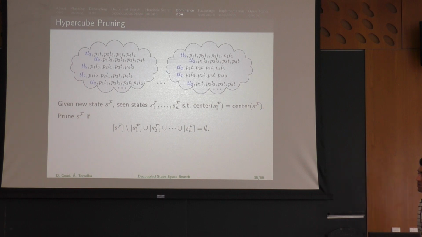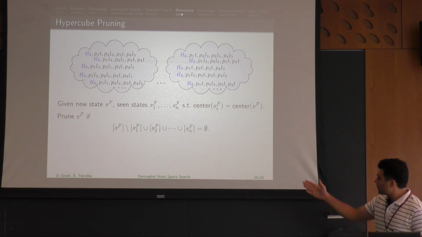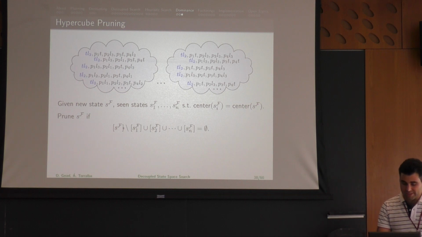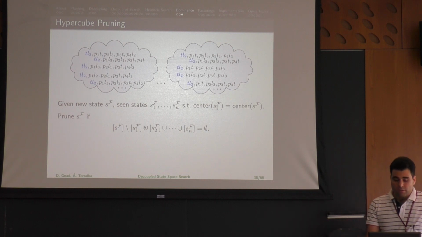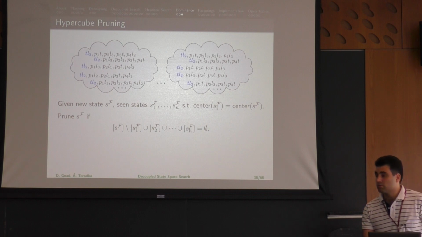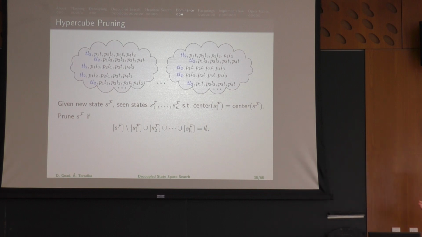And the answer is yes, you can prune it if all the states of the new decoupled state are already contained in the union of all the sets of states that you have visited so far.